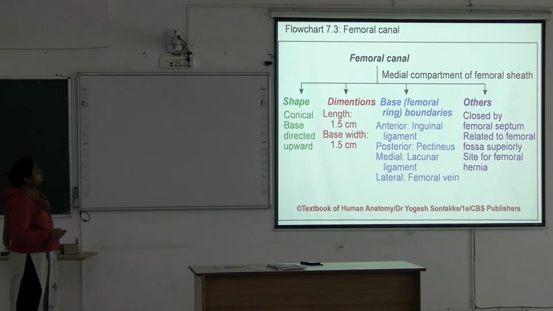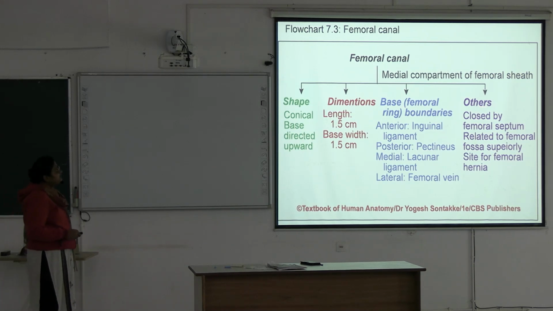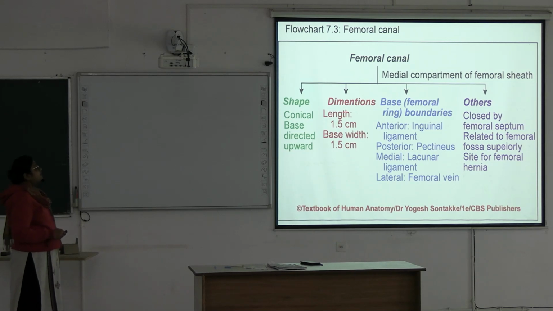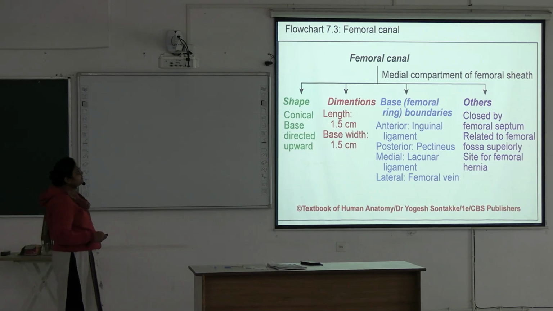Okay, so the femoral canal, its summarization: it is the medial compartment of the femoral sheath. Shape is conical, base is directed upward. Dimension, length is about 1.5 centimeter, width of the base is 1.5 centimeter. The base is known as the femoral ring.